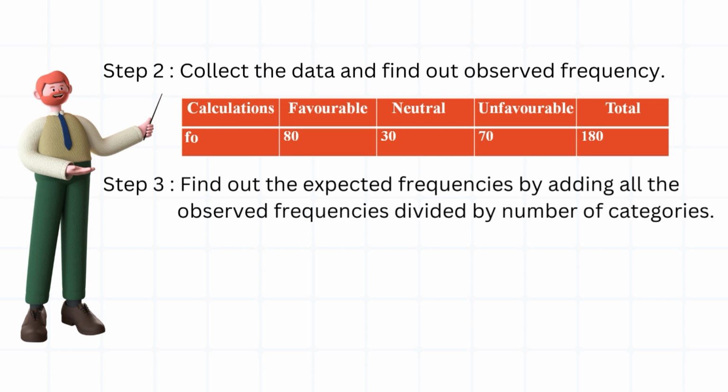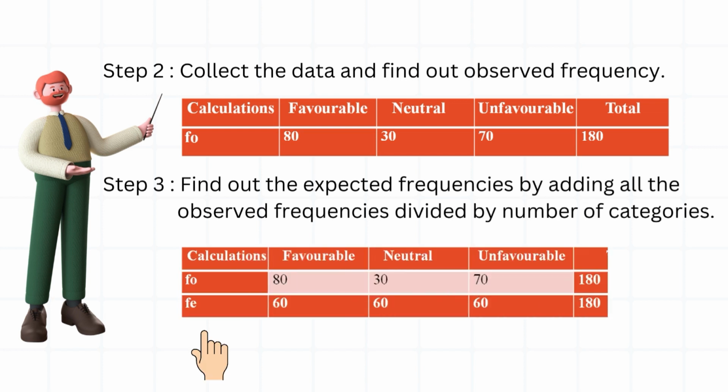So, as you can see here, FO is already given and FE would be 60, 60, 60 in each category. We have divided the total sample size by 3 because we have 3 categories. So, the total would be 180 and in each category we have obtained expected frequencies of 60, 60 and 60.